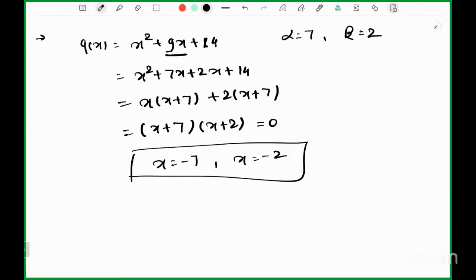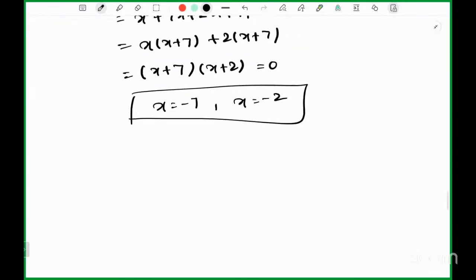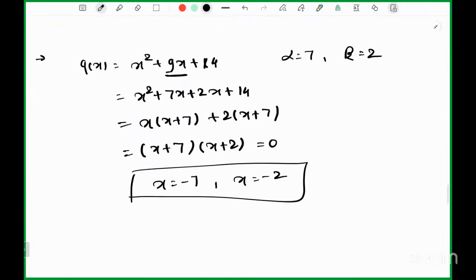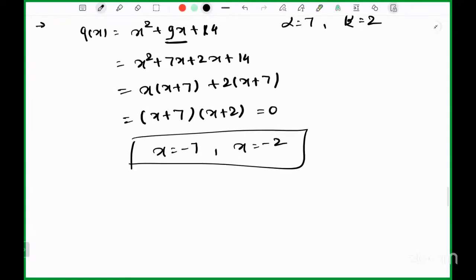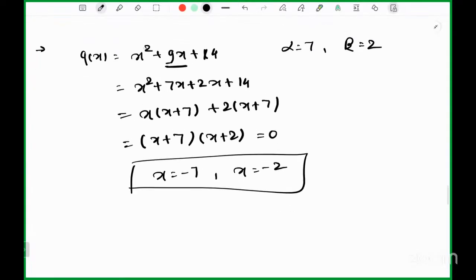Now there is another method, which is the completing the square formula. What does it say? It says that if you have a quadratic equation, then you need to add a constant in such a way that will complete the square of this particular equation.